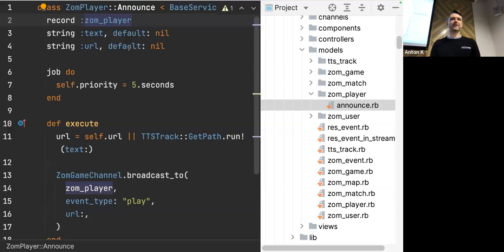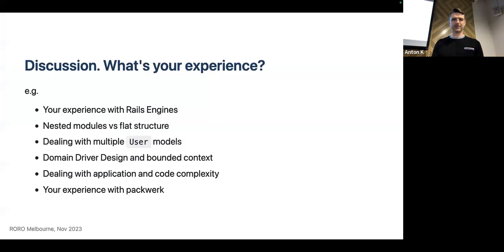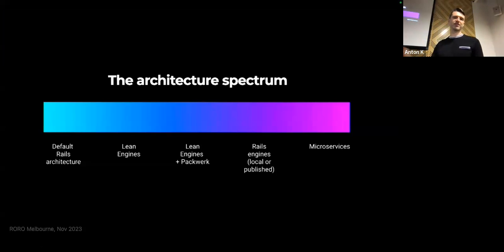That's why there's this spectrum that Julian suggested: the lean engines are just one file, and everything works. But if you go to Rails engines, local or published, that's the full-blown version, where it's only on you to put in the root gem.